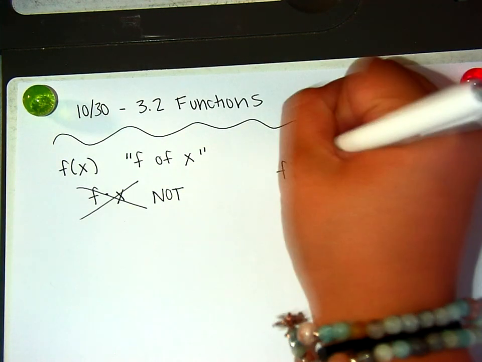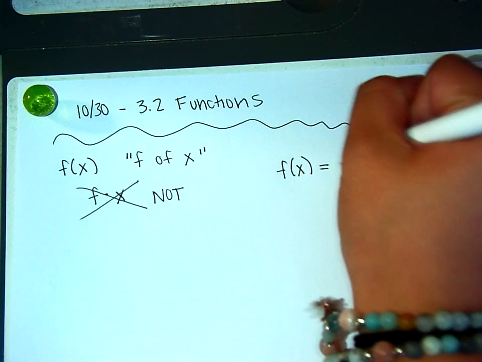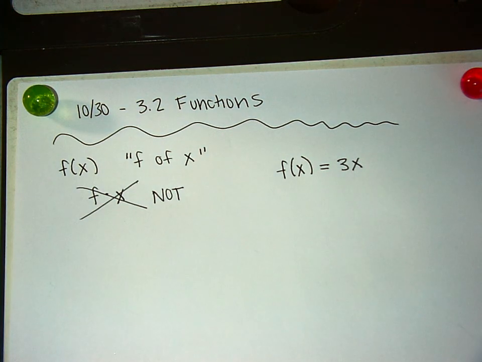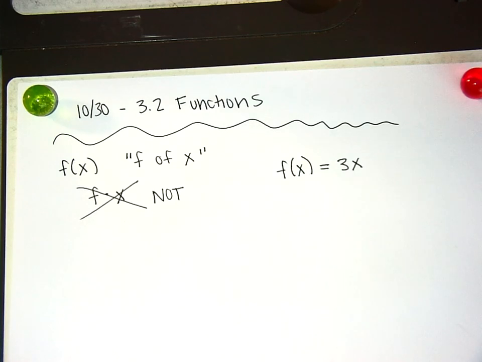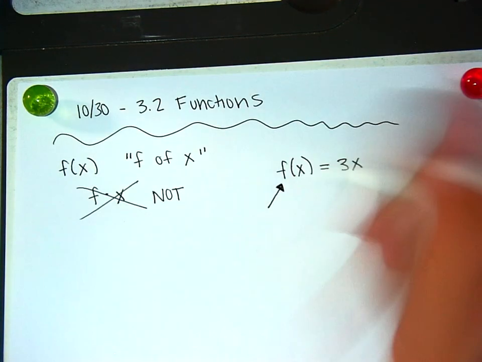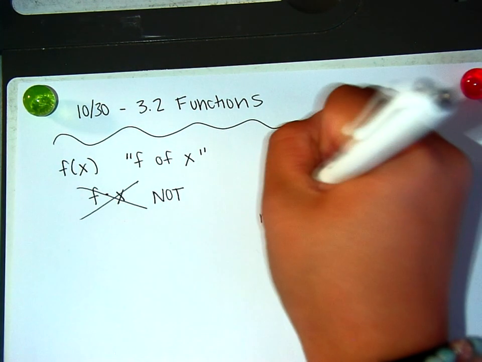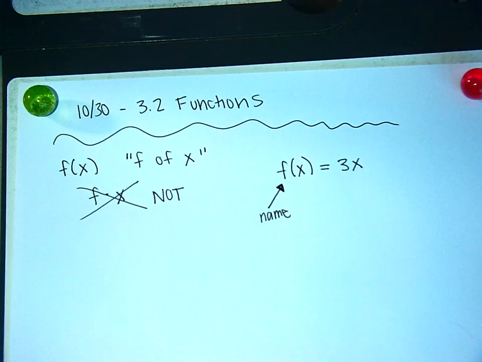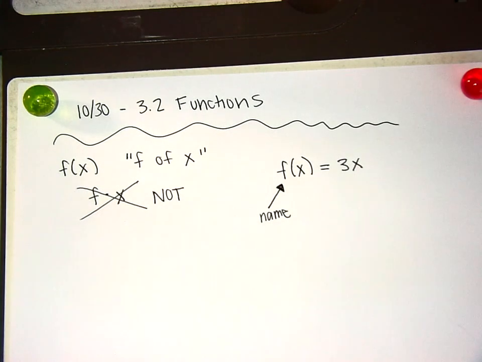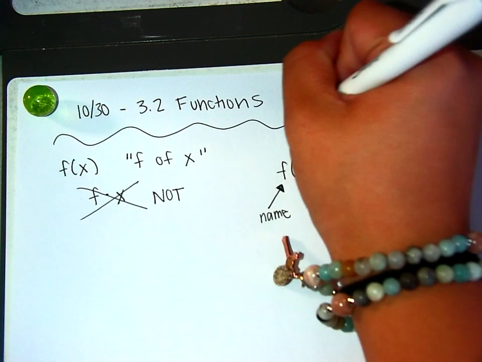So we're going to make this note. F of x equals 3x. Draw an arrow to f, and we're going to describe f as the name of the function, where the x inside is the variable.